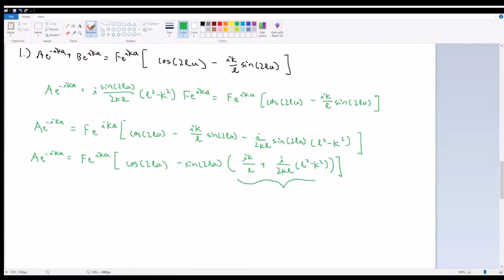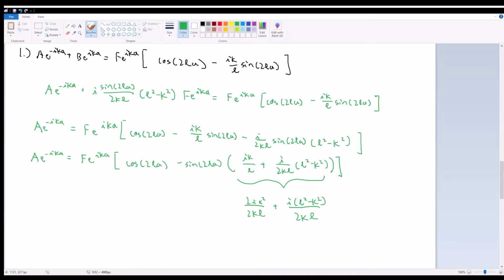So this is going to become, if I multiply 2k over 2k, 2ik squared over 2kl plus i l squared minus k squared over 2kl.